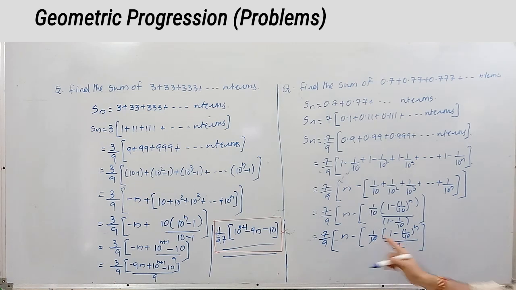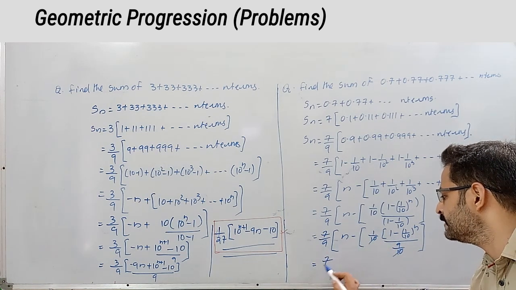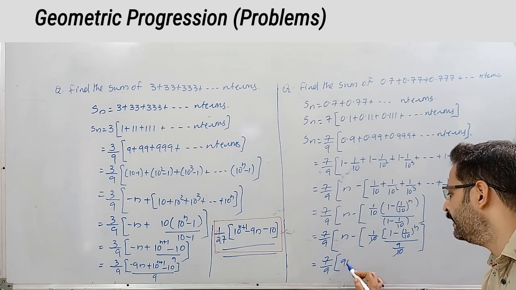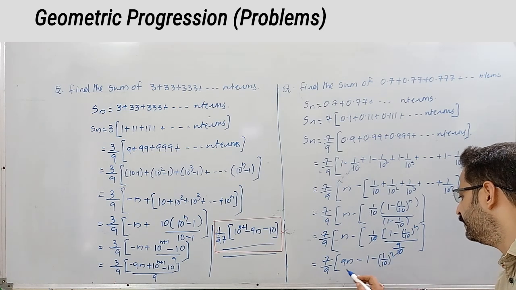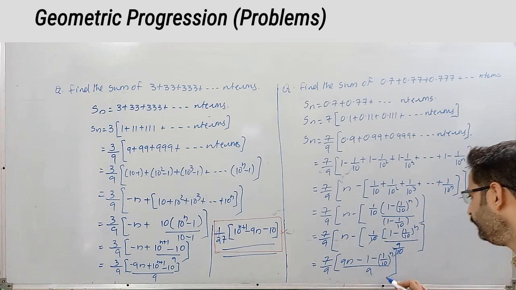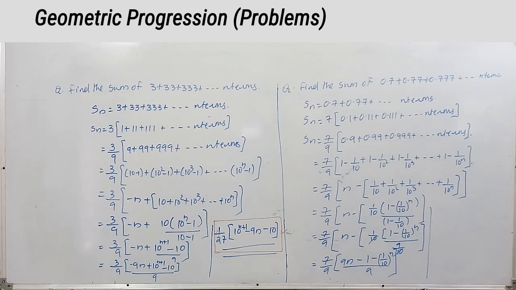Now taking LCM 9, this can be written as 7 by 9 into 9n minus 1 minus 1 by 10 the whole raised to n divided by 9. Now this can be written as 7 by 81 outside into 9n minus, and 1 by 10 the whole raised to n can be written as 10 raised to minus n.